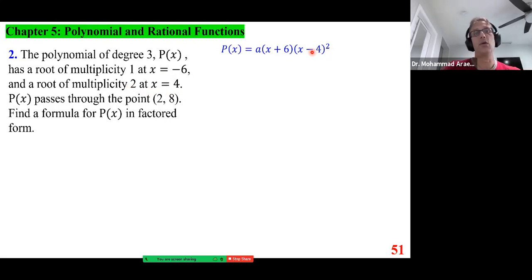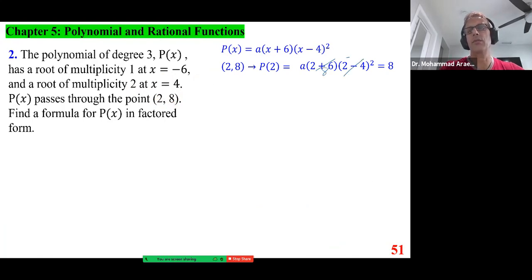It goes through the point, so we are going to replace the x with 2 and y, or p of x, with 8. This is 8. This is minus 2 squared becomes 4, and a becomes 1/4. So here's the function.